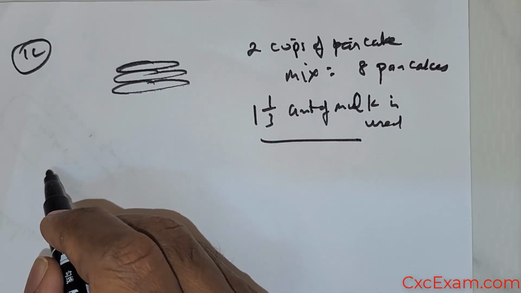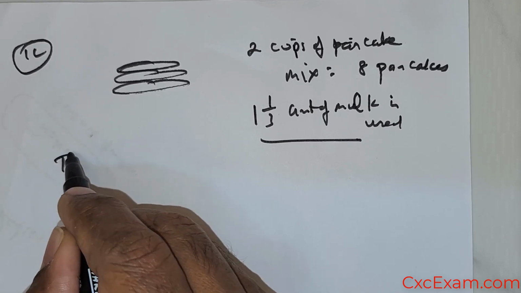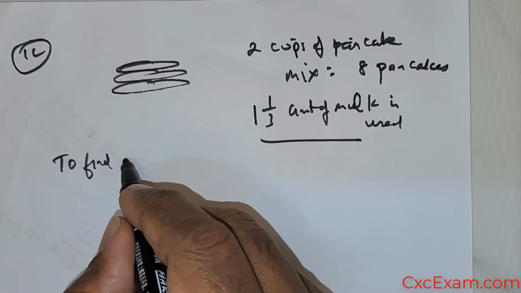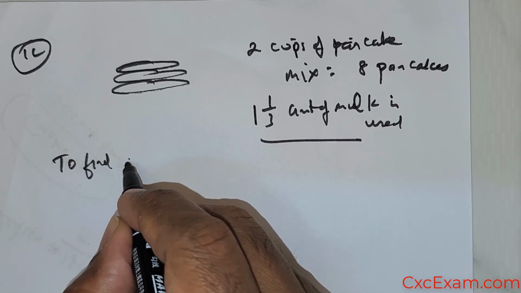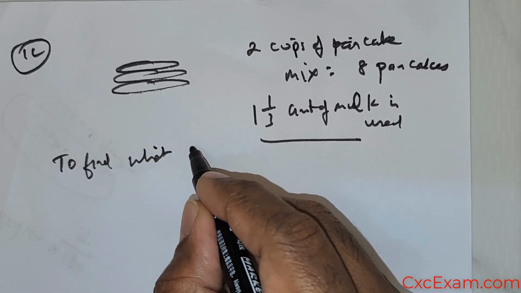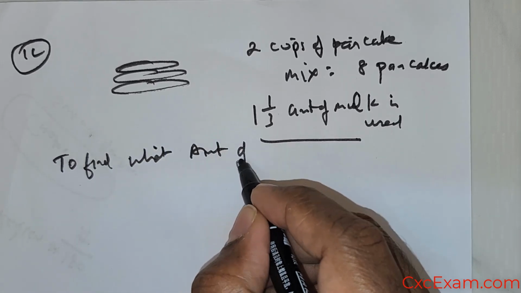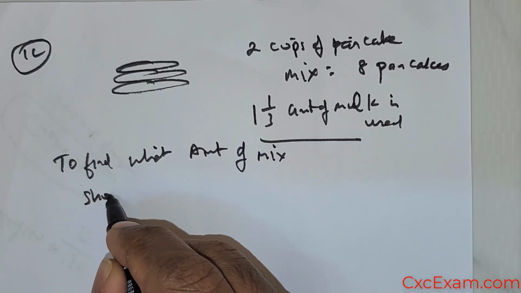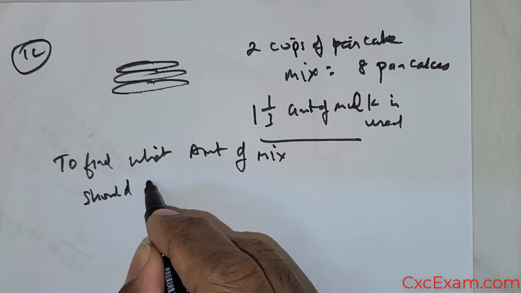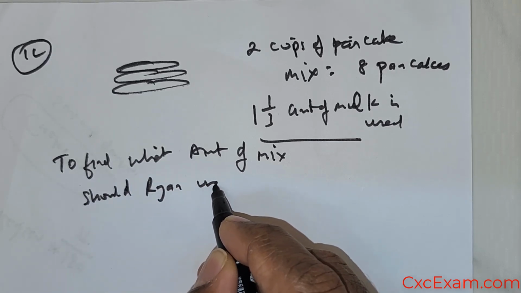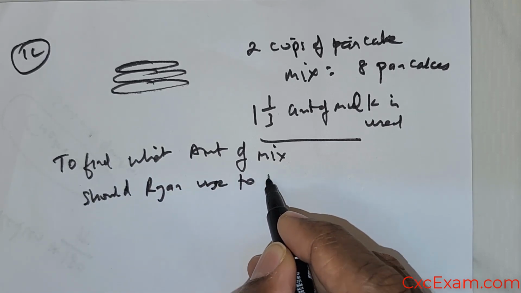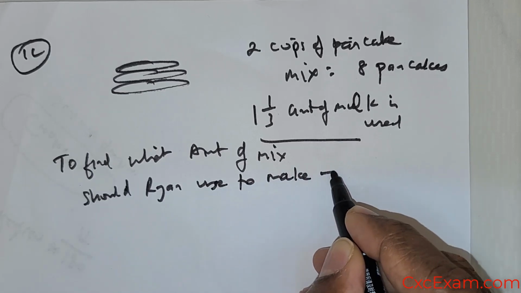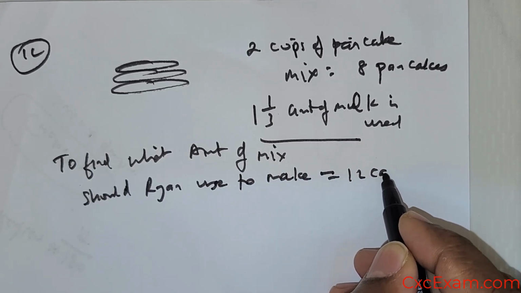What we are required to do is to find what amount of mix Ryan should use to make 12 pancakes.